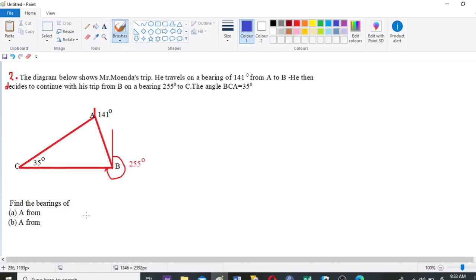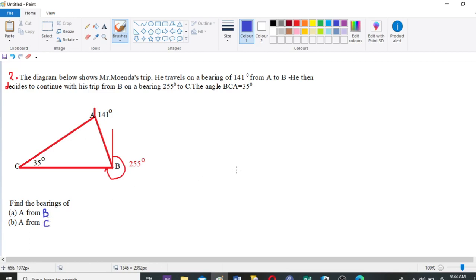So we need the bearing of A from B. This one's supposed to be A from B. The bearing of A from B, and then the bearing of A from C, this one here, right?